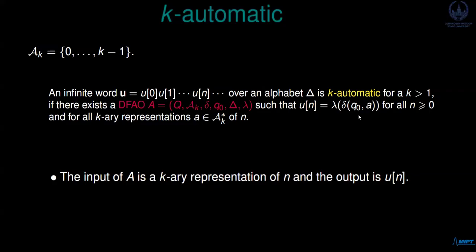The process of moving through the states and applying the output function allows us to generate the word based on the base k representation of the index. In summary, k-automatic words are generated by automata that take the base k representation of a number and output a sequence, making them highly structured and predictable.